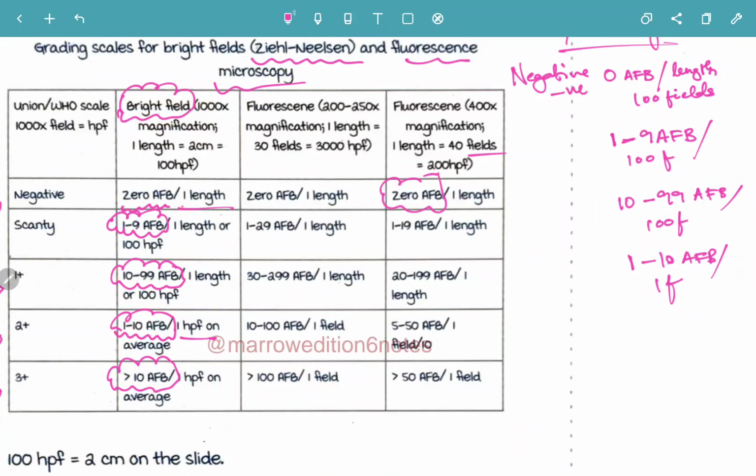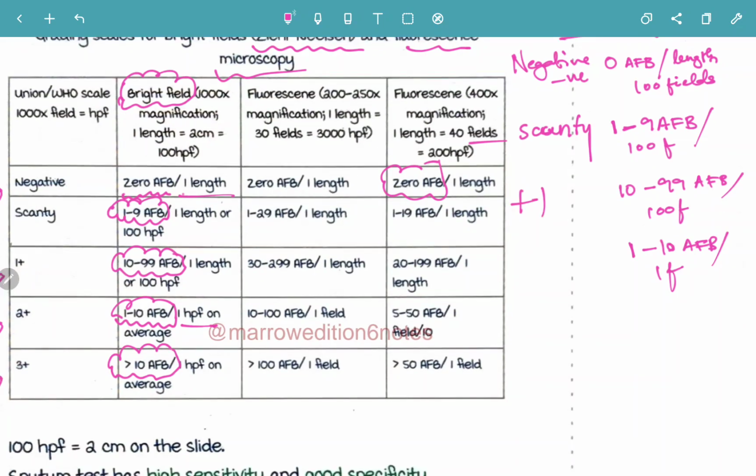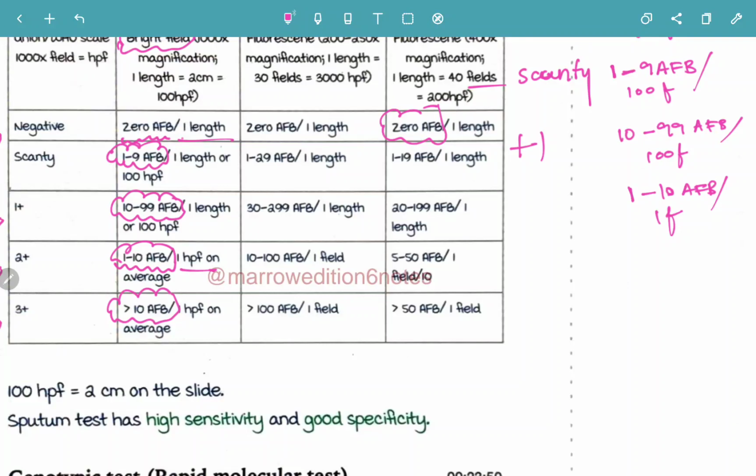I'm sorry guys, 1 to 9 is scanty. If it is 10 to 99 acid fast bacilli per 100 fields, it is plus 1. If 1 to 10 per field, it is plus 2, and plus 3 is more than 10 acid fast bacilli per one field.